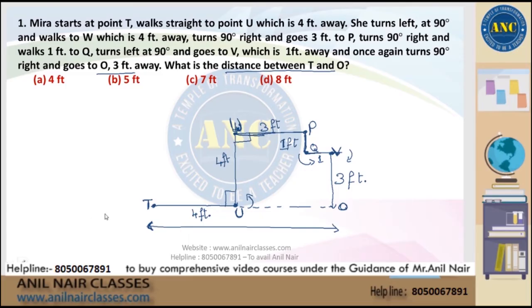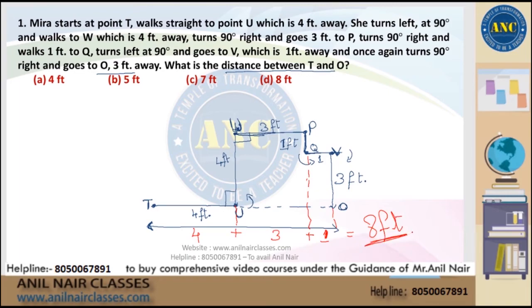Now look at this. The total distance is the distance from T to U, that is 4 feet, plus the distance from W to P, that is 3 feet, plus the distance from Q to V, which is 1 foot. Now total distance is 4 plus 1, 3 plus 1, which is 8 feet.